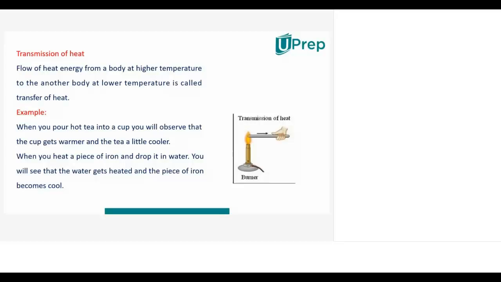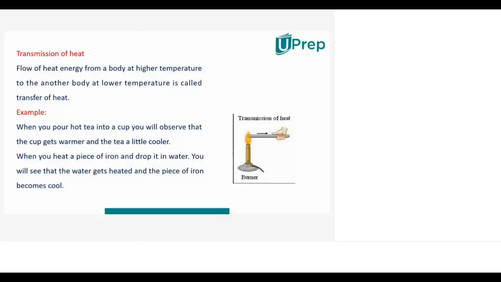Now a few examples are given in your slide. When you pour hot tea into a cup, you will observe that the cup gets warmer and the tea a little cooler. The heat energy flows from the hot tea to the cold cup.